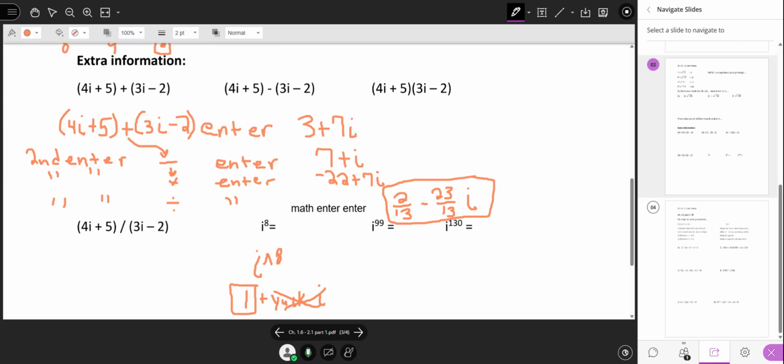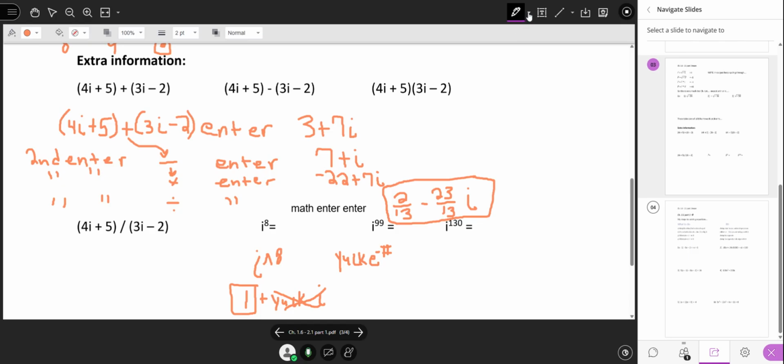It's going to give me yuck e to a negative number. Hang on just a minute. It's going to give me, hang on just a minute. I forgot how that went.